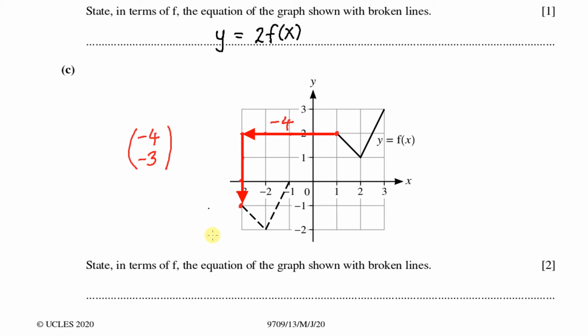And how do we write that in terms of f? That would be y is equal to f of x plus 4. That's for the translation in the x direction. And that's minus 3. That's for the translation going down by 3 units in the negative y direction. So this becomes the equation of the graph in terms of f.